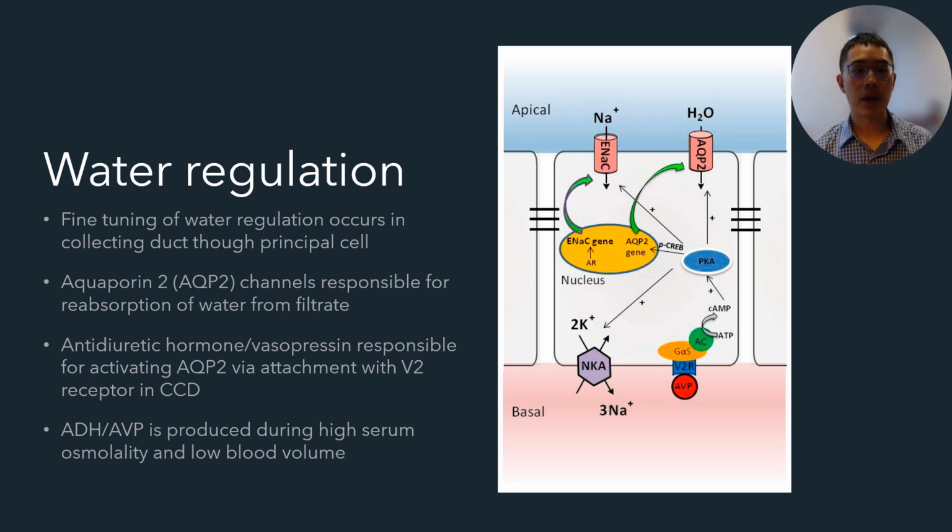The formation of the medullary concentration gradient sets the stage to allow a high osmotic gradient for water movement in the cortical collecting duct when the aquaporin channel is open, allowing for reabsorption of water in the presence of high ADH or AVP states. The high ADH or AVP is produced usually in response to high serum osmolality or low blood volume, two states where you would think it's necessary to conserve as much water as possible, hence the term antidiuretic hormone.